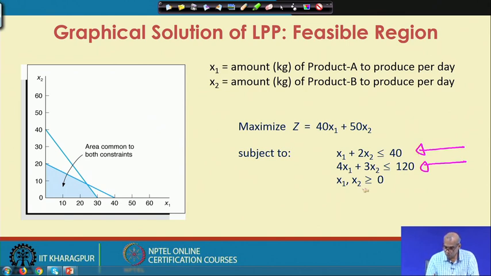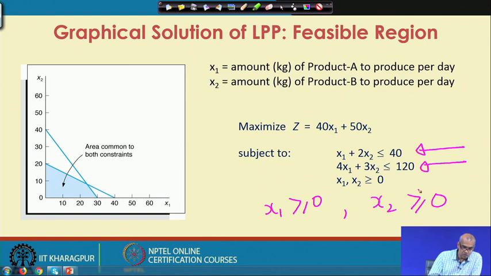Now, there are two more constraints, x1 greater or equal to 0, x2 greater or equal to 0. Note that this region is x1 greater or equal to 0 and this region is x2 greater or equal to 0.